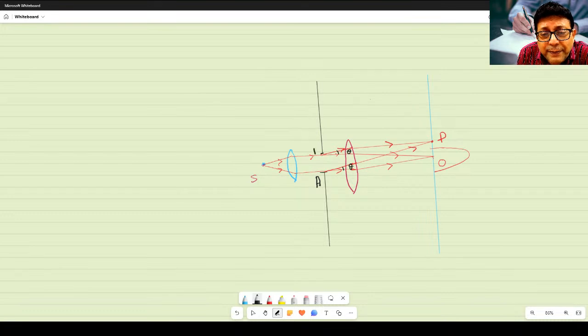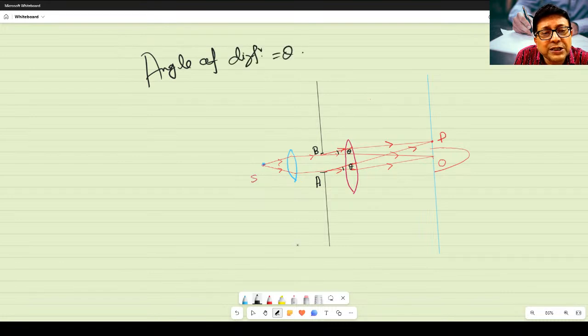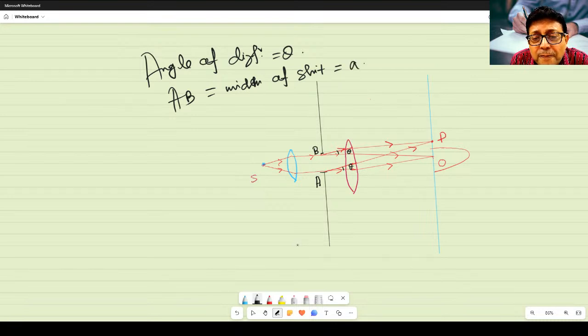AB is the slit, and we have taken the angle of diffraction equal to theta. AB, the width of the slit, is equal to a.